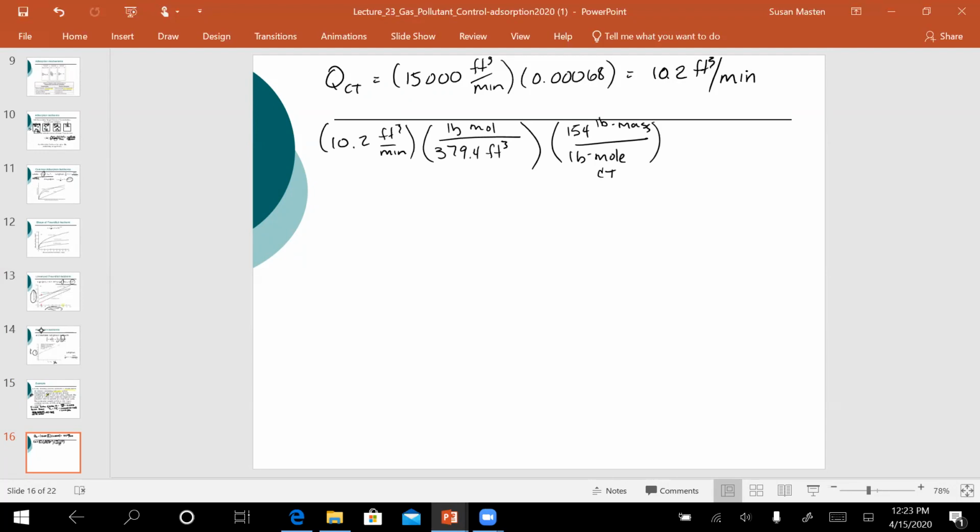So we're multiplying by the molecular weight. And we need this on an hour basis, so we'll multiply by 60 minutes per hour. And that means that we can absorb about 250 pounds of carbon tet per hour. Now we said we wanted to use a 4-hour cycle. So we have 4 hours.